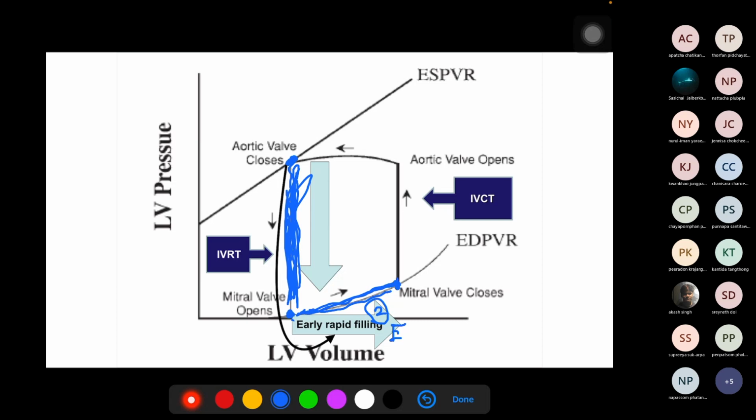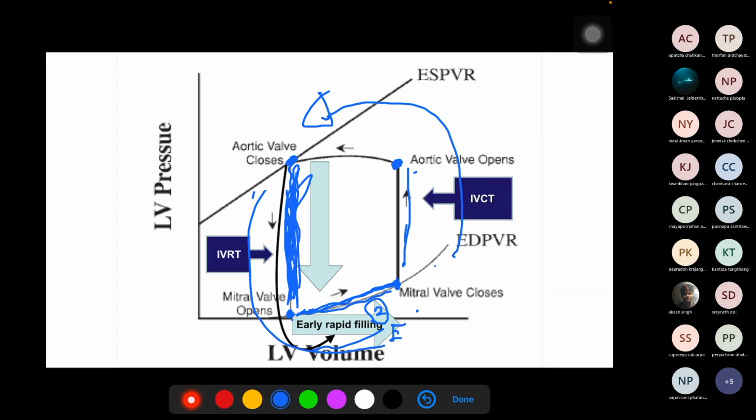When the mitral valve closes, the LV is trying to generate pressure. This phase has no flow, but pressure is generated to overcome the aortic valve pressure. So this phase is the IVCT. This one is the systolic, and this one is the diastolic.